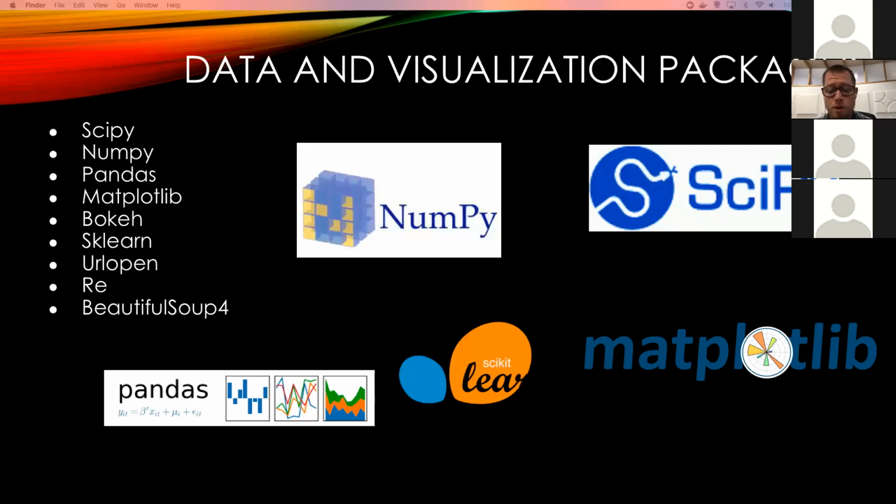Those last three are specifically utilized for web scraping. If you provide a URL to those packages after importing their contents, it allows you to manipulate all of the HTML tags, create lists, and extract them into dictionaries. It's very, very versatile.